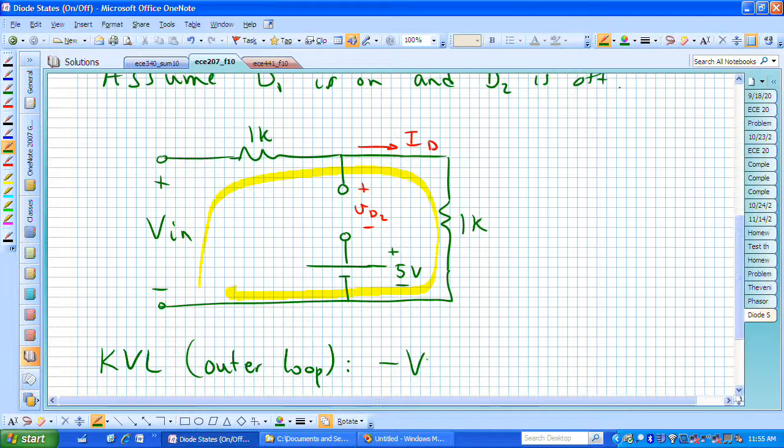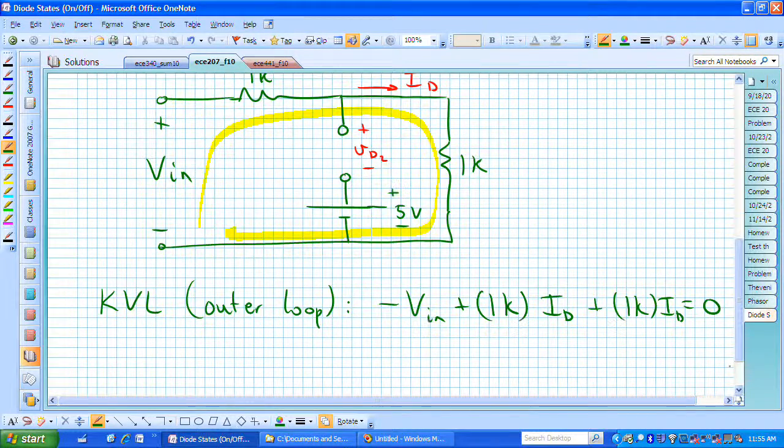Doing that, we have minus Vn plus 1K, and the current through that horizontal resistor is I sub D. There's no current flowing through the second diode, that's opened up, plus the vertical resistor times the current I sub D.